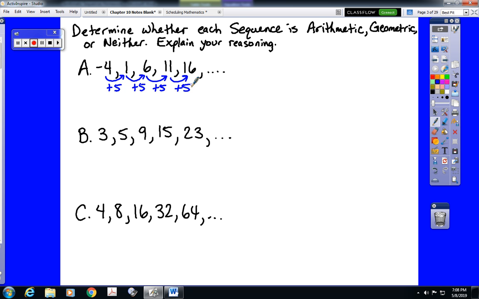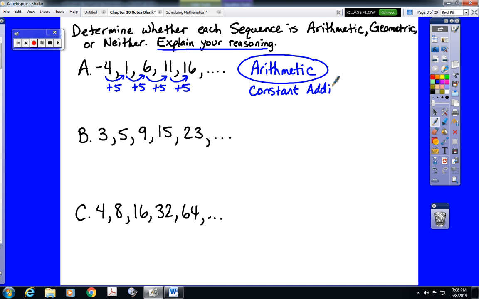This is a constant addition pattern. So this is an example of an arithmetic sequence. So we would say arithmetic. And then as for the explain your reasoning, we would say constant addition pattern. And that would more than explain how we know that that is an arithmetic sequence.